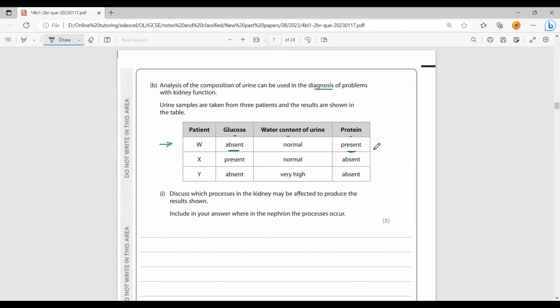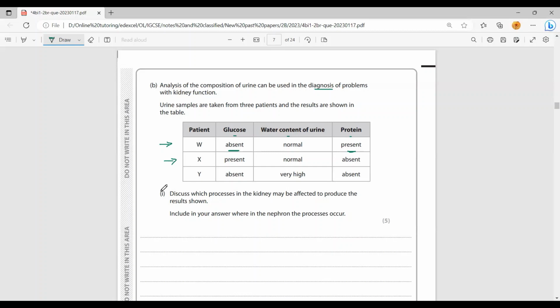Okay. Here in selective reabsorption there is a problem. What should be reabsorbed? Glucose. Other things are reabsorbed too, but because the glucose is still present in urine, it means there is a problem in the reabsorption of glucose, which happens at which part of the nephron? You have to say it here.